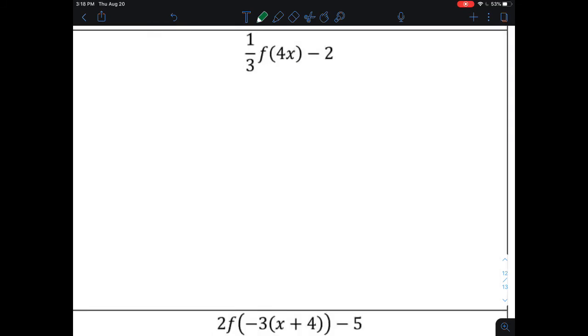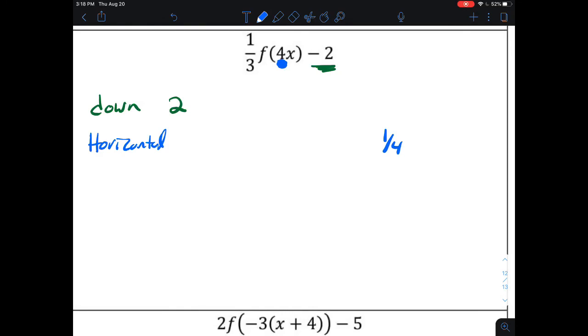All right, this problem here, we have 3 transformations we can identify. We have a vertical transformation here with a minus 2. I move the graph down 2 units. I'm multiplying x by a number, which means I have a horizontal stretch or shrink. I do the reciprocal of that number, and so the reciprocal of 4 is 1/4. 1/4 is smaller than 1.